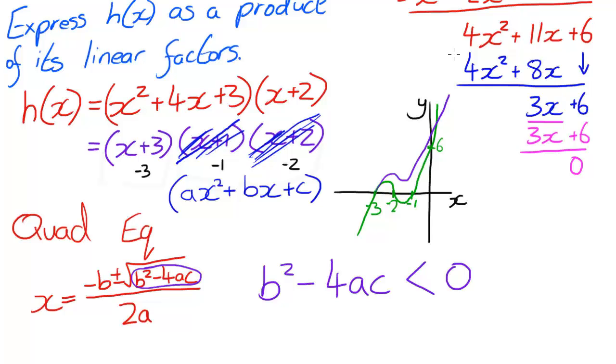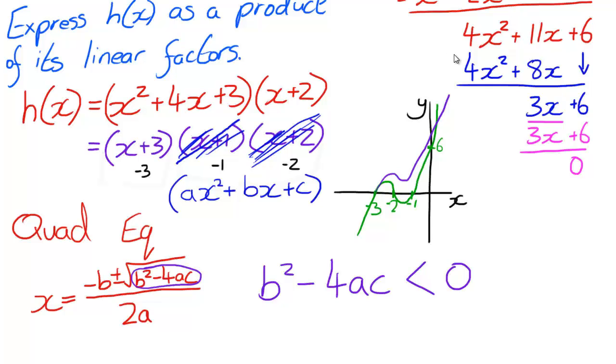So if we get a quadratic such that b squared minus 4ac is less than 0, then our curve is not going to have two points of intersection caused by this quadratic. Our dip is going to be above the x-axis. So the only point of intersection is going to be this x plus 3 here.